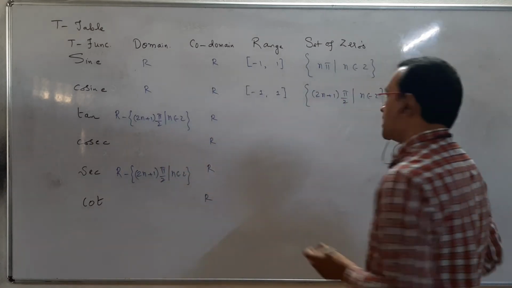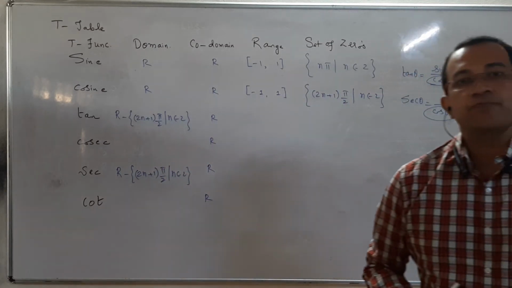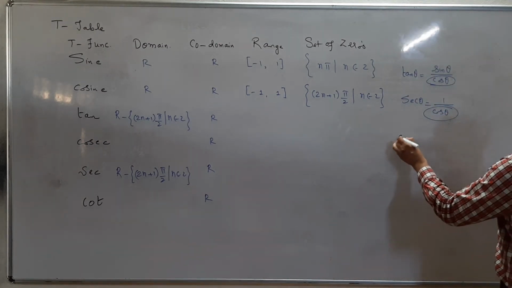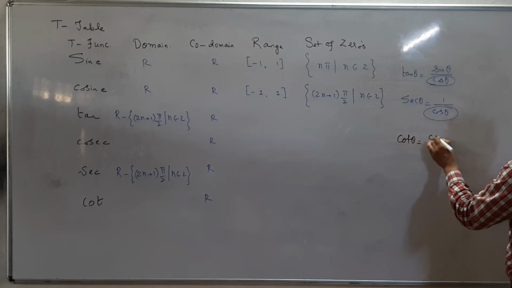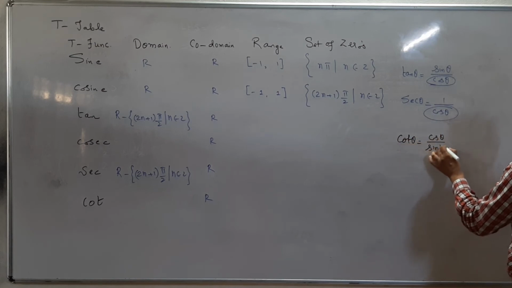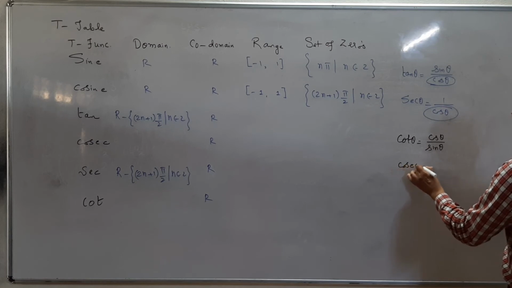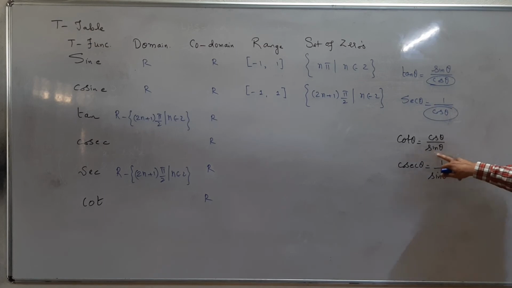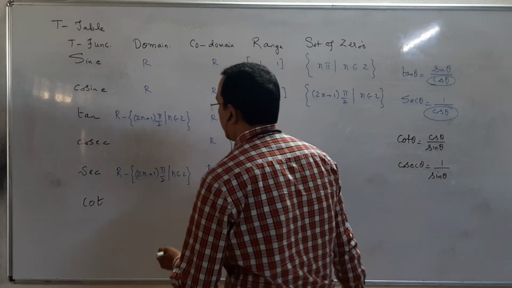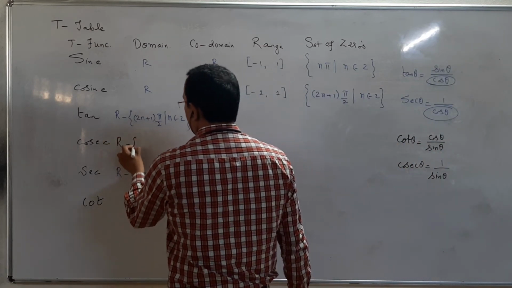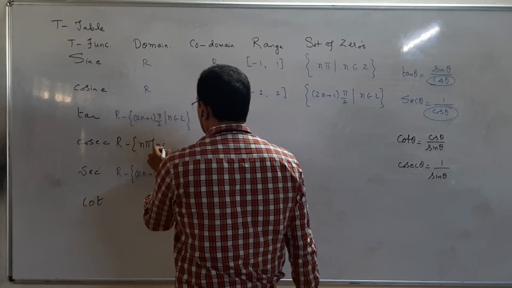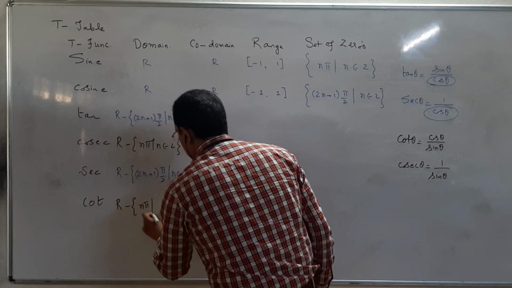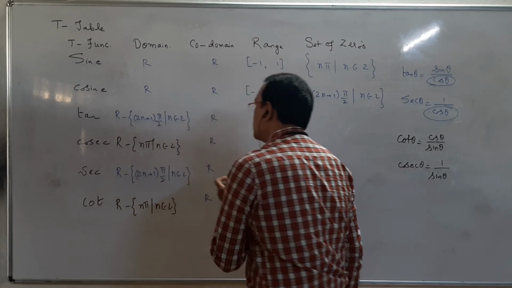Because when cos theta is 0, tan theta and sec theta are not defined. Same way, cot theta is cos theta upon sin theta, and cosec theta is 1 upon sin theta. So when sin theta is 0, cot and cosec are not defined. So that domain is R minus set of zeros of sine function, which we have to memorize.